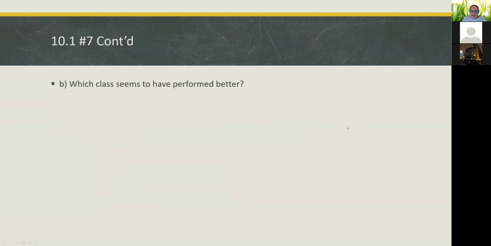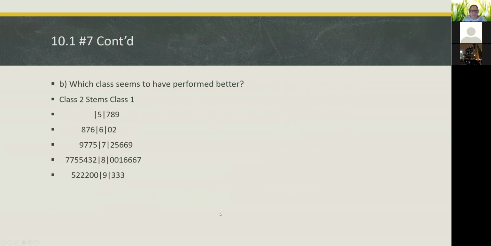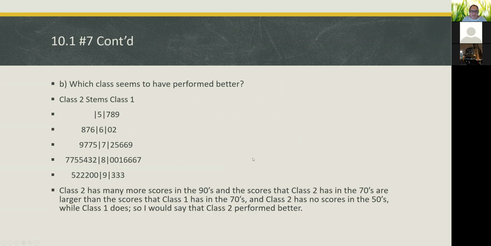Next, it says which class seems to have performed better. So here's the back-to-back stem and leaf plot that we made. So I noticed that class 2 has many more scores in the 90s than class 1. So class 1 only had 3 scores in the 90s, and class 2 had double that. It had 6 scores.